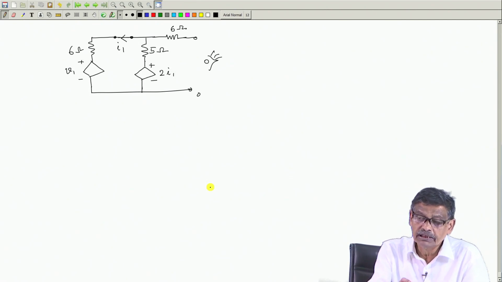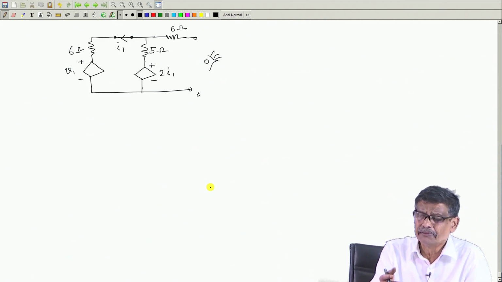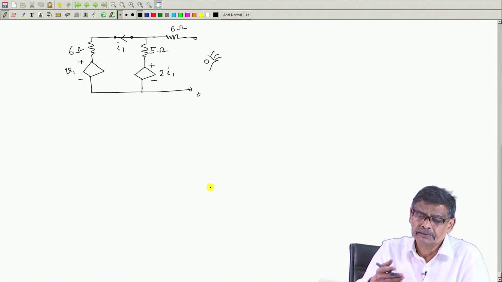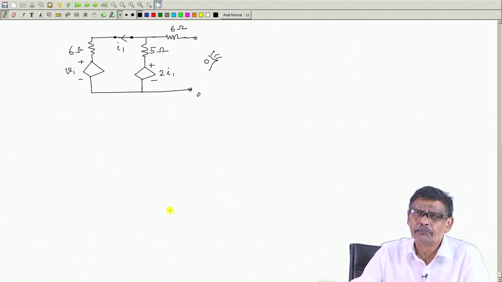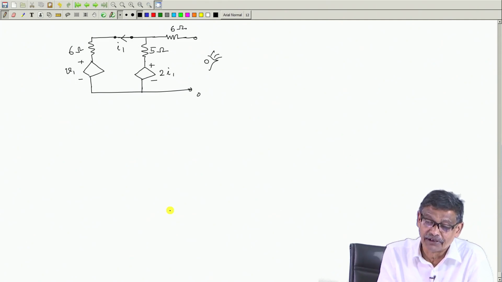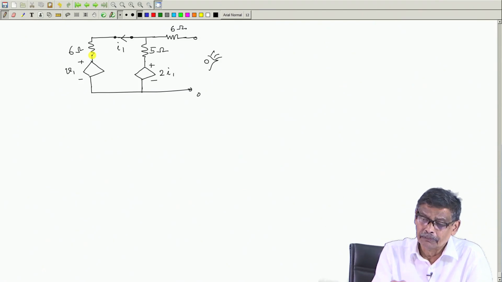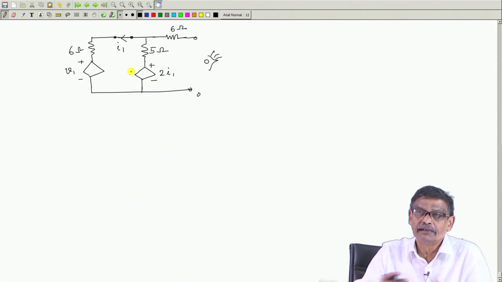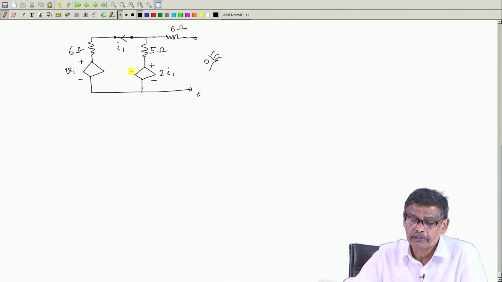So, there will be only impedances present in the network, and therefore, R Thevenin can be found out by series parallel combination of the impedances, equivalent impedance you have to find out, or by using star delta transformation. But here it is not like that. I am not sure whether 5 ohm and 6 ohm are in parallel, no, they are not. So, by series parallel formula or star delta transformation, it is not going to help you.